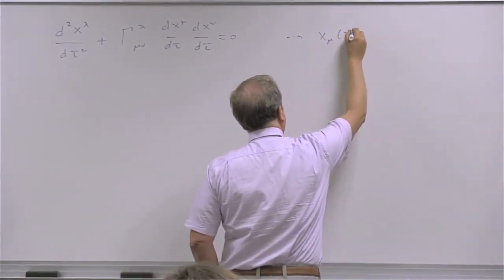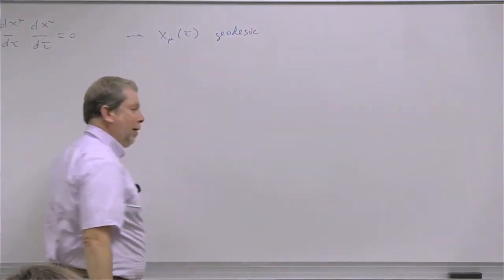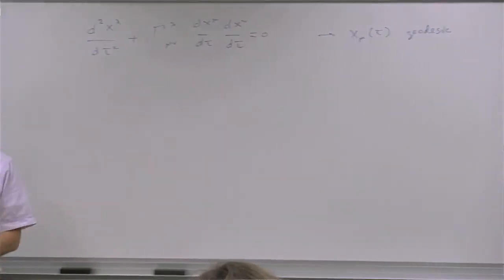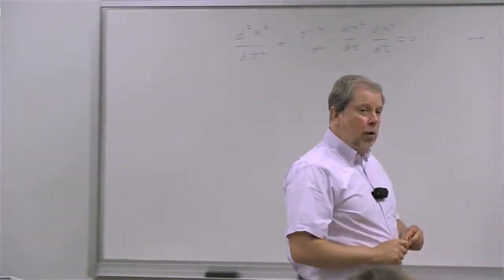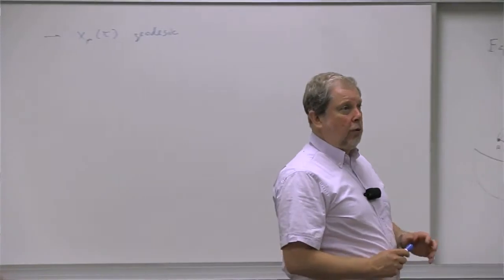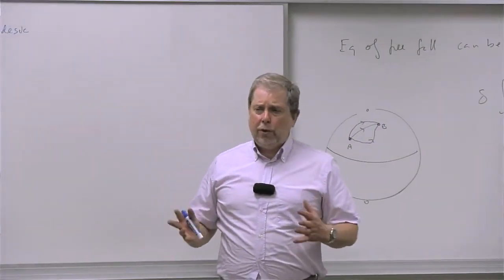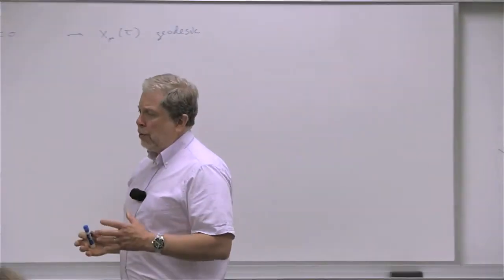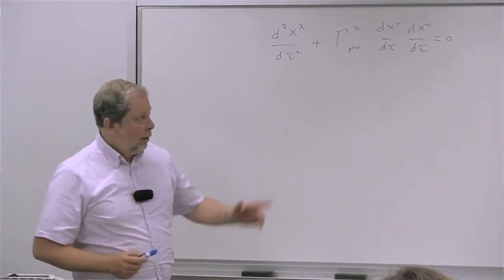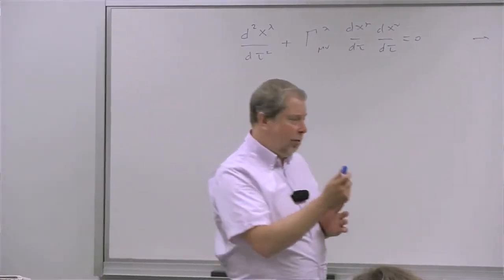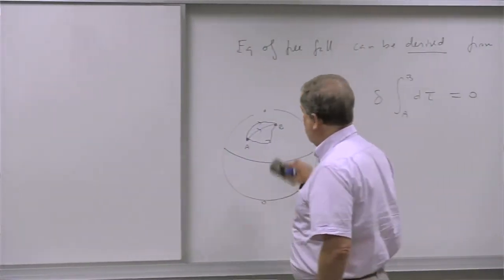So x mu of tau is a geodesic. Whether you use one name or another depends on what aspect of the theory you want to emphasize. If you refer to it as the equation of free fall, you're still thinking in terms of some sort of forces. If you use the term equation for geodesic, then you're thinking more in geometric terms, with this geometric picture. Of course, the two are completely equivalent because we're talking about exactly the same story.